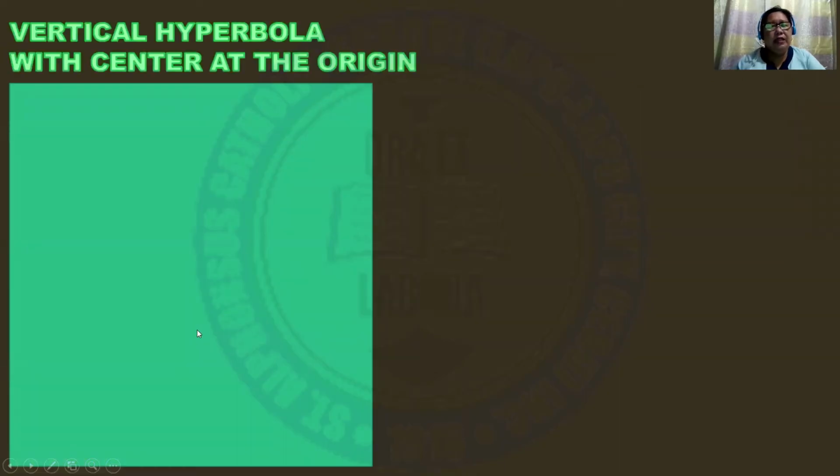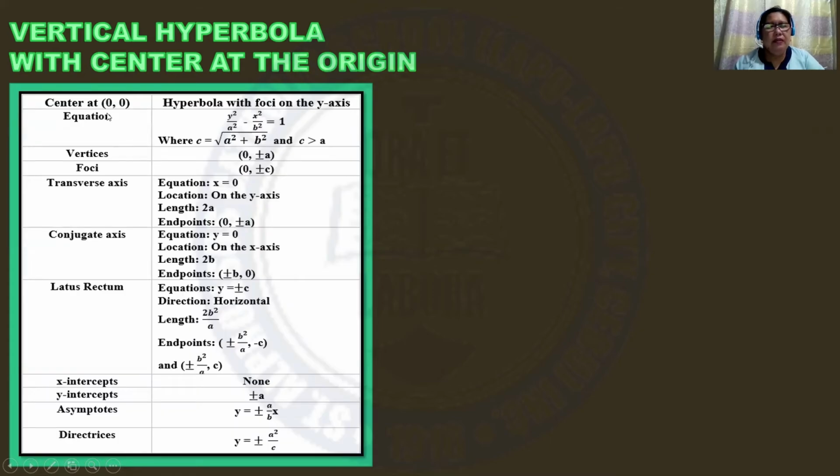Next, let us have the vertical hyperbola with center at the origin. If the center is at 0, 0 and the foci are on the y-axis, the equation is y squared over a squared, so take note the denominator of y squared is now a squared, minus x squared over b squared is equal to 1, where c is equal to the square root of a squared plus b squared and c is greater than a.